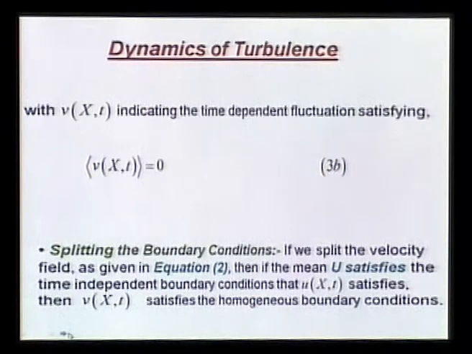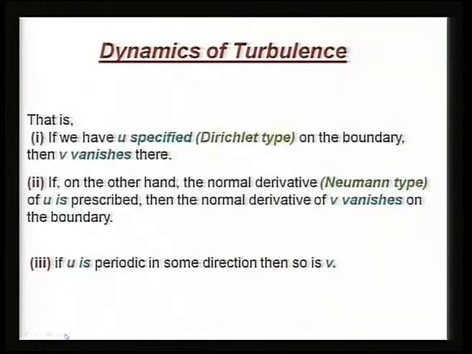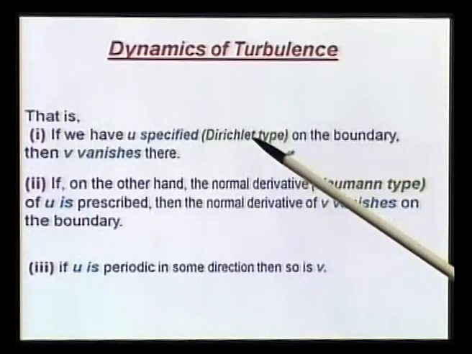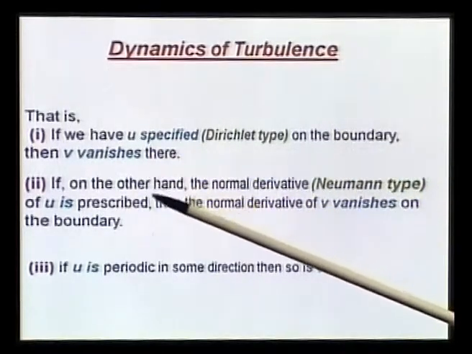So, now we should keep this in mind then, that the fluctuations satisfy homogeneous boundary condition, and the total boundary condition is time independent, and that is totally taken up by the mean field. So, there are these possibilities. If we have U specified, that is a Dirichlet type of boundary condition on the boundary, then the V vanishes there.